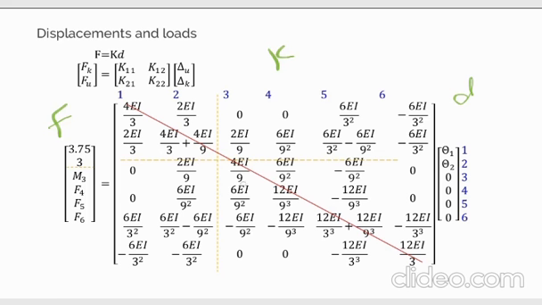So by this way, find theta 1 and theta 2, and just take this matrix K11, and this one is called K12, K21, and K22.